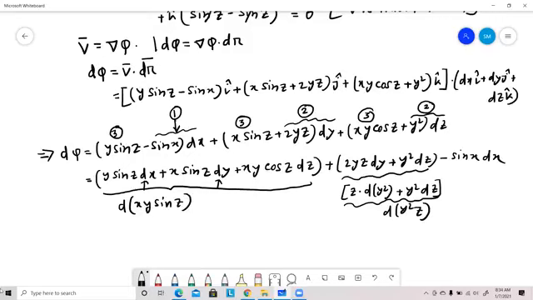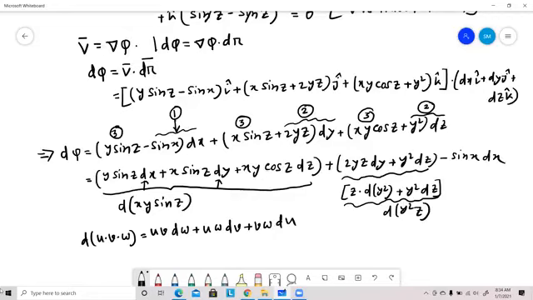So we can let these three functions as u, v, w, and we know d of uvw, say u into v dw, then u into w dv, and finally v into w du.